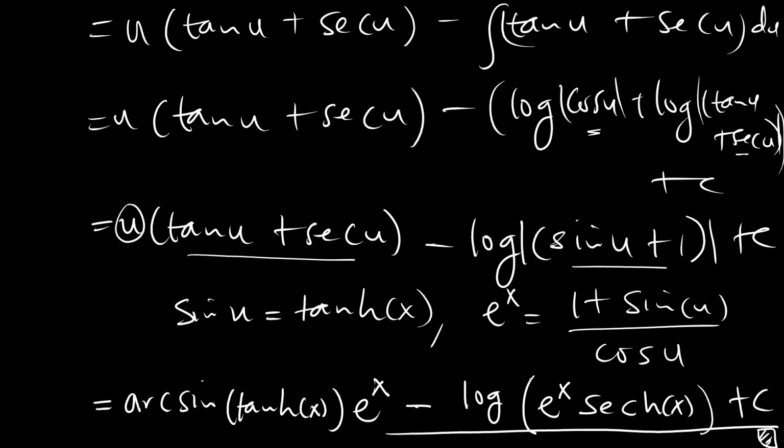So that's the answer: e to the x times the arc sine of hyperbolic tangent of x, minus the natural logarithm of e to the x times the hyperbolic secant of x.